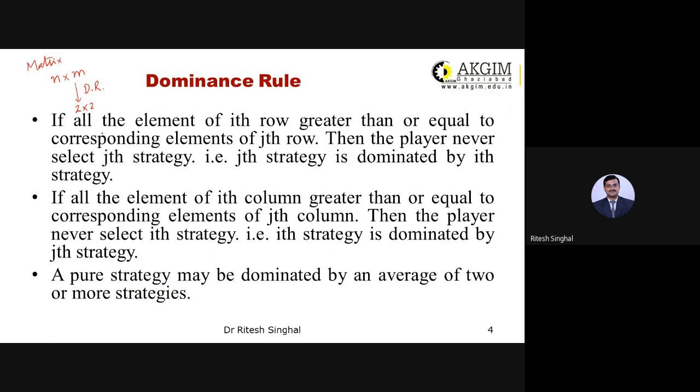And after that, we have an analytical formula to solve this game and we get results. The dominance rule does not give you the result directly, but definitely it will reduce your gain matrix into a 2 by 2 matrix. And after that, we have a formula that is called the analytical formula and we get the results. So what is the dominance rule here?